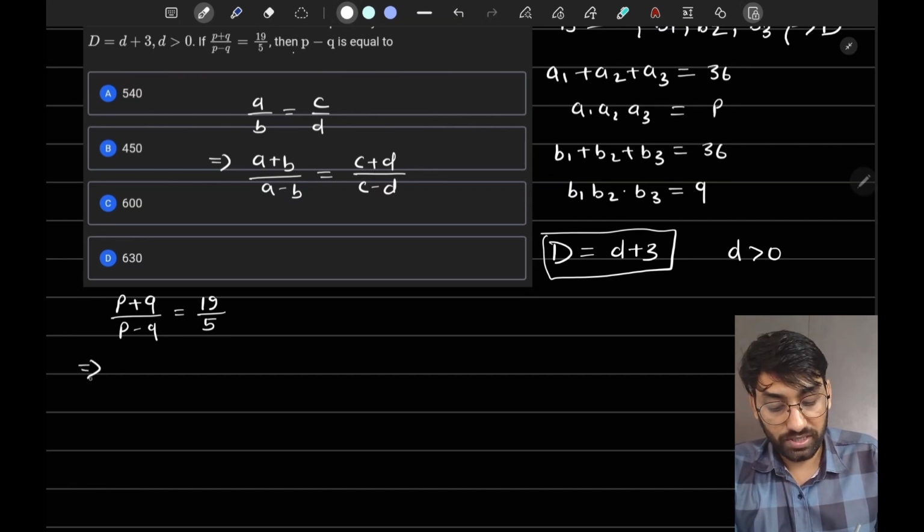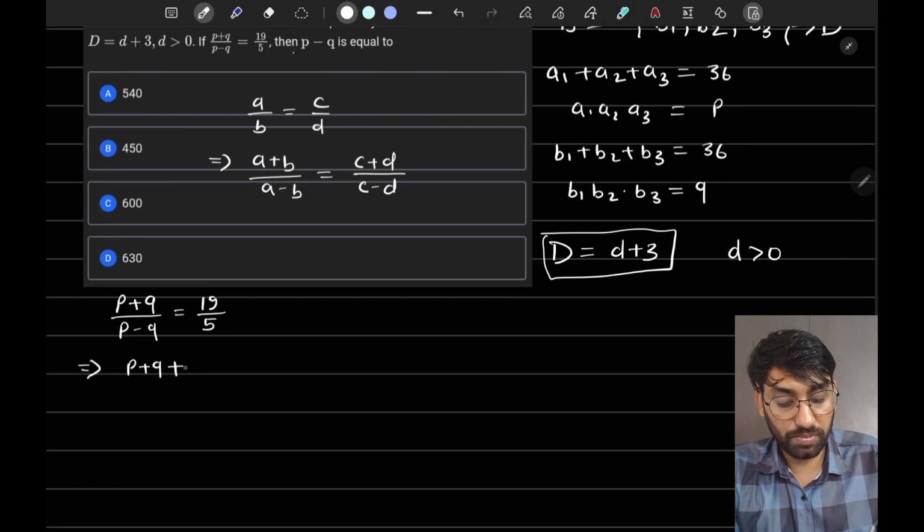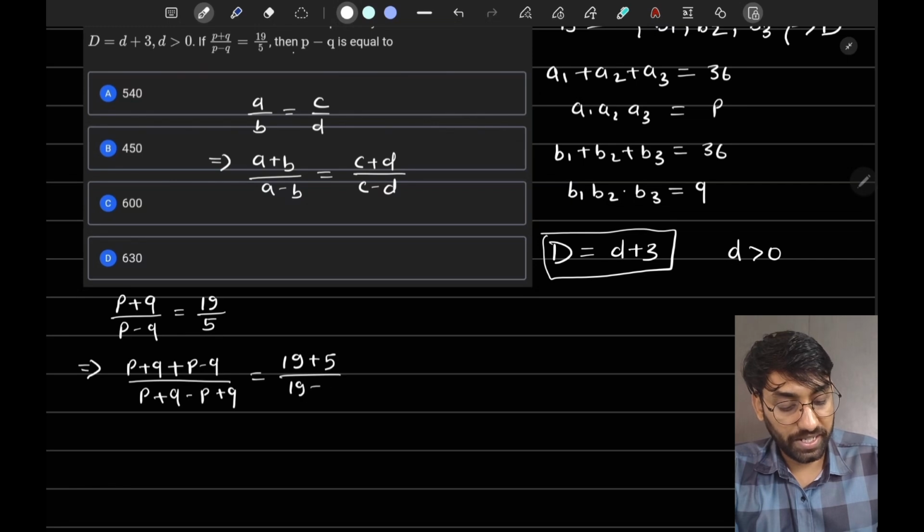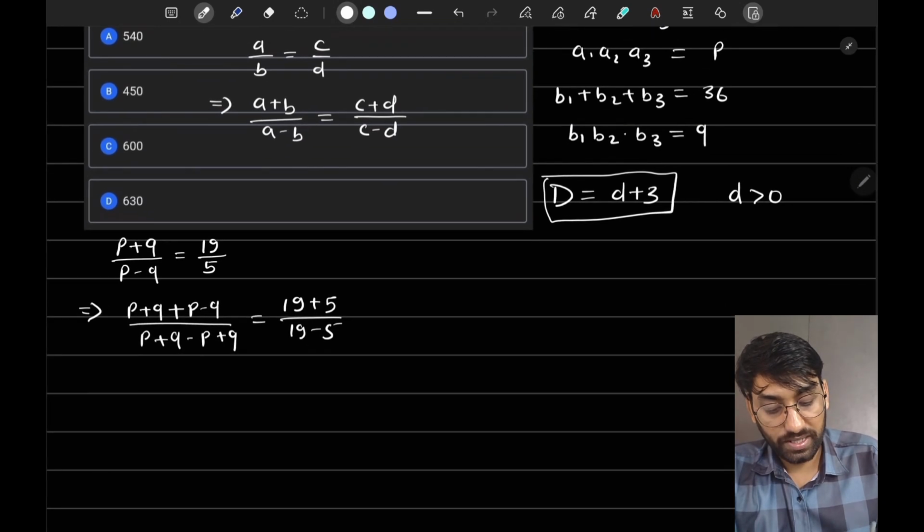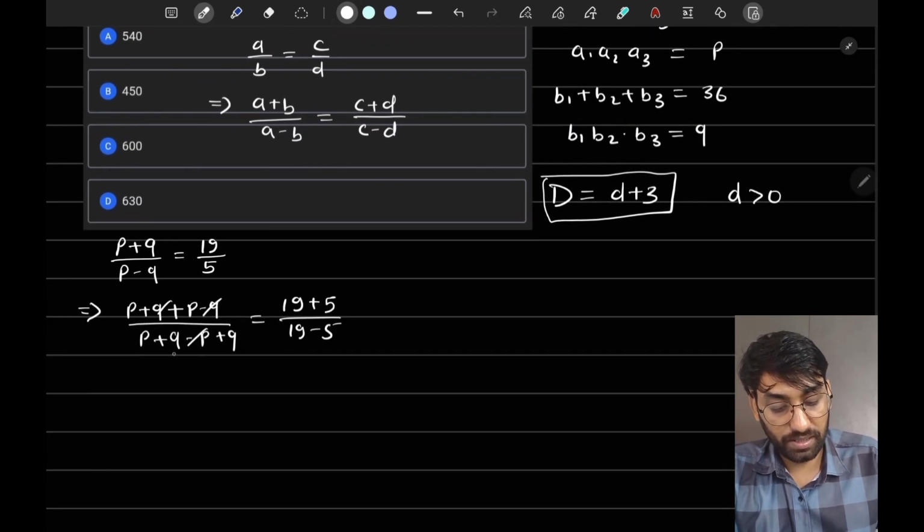So here also if I apply the same case, it will become (P plus Q plus P minus Q) upon (P plus Q minus P plus Q) equal to (19 plus 5) upon (19 minus 5). Here Q and Q will cancel out and here P and P will cancel out.